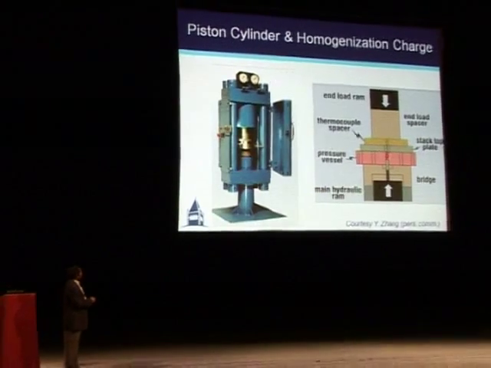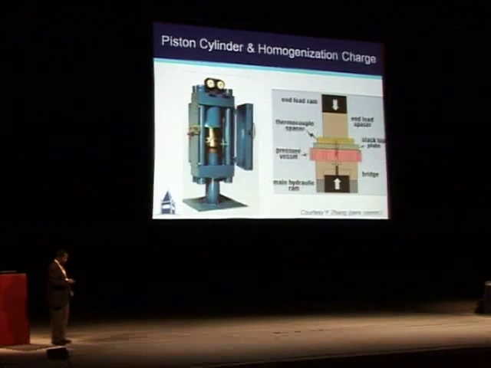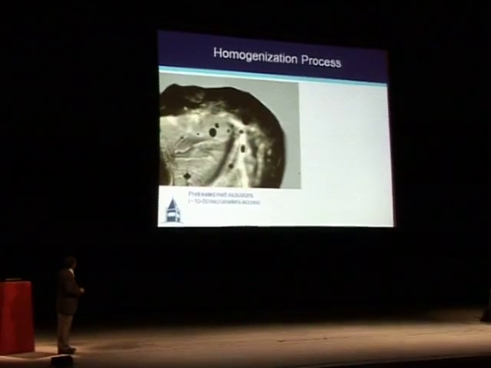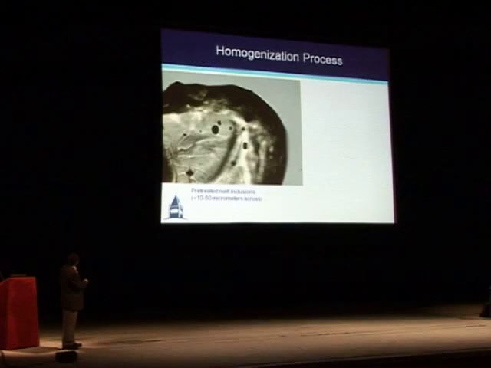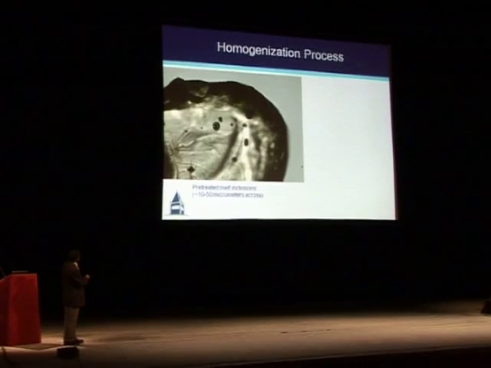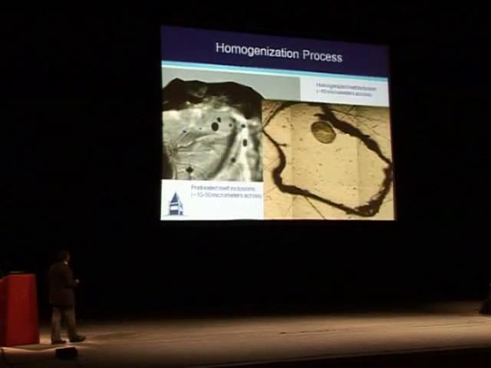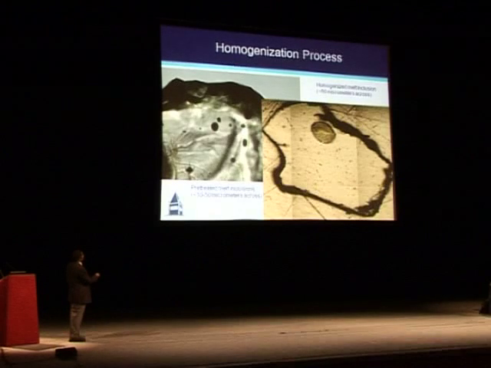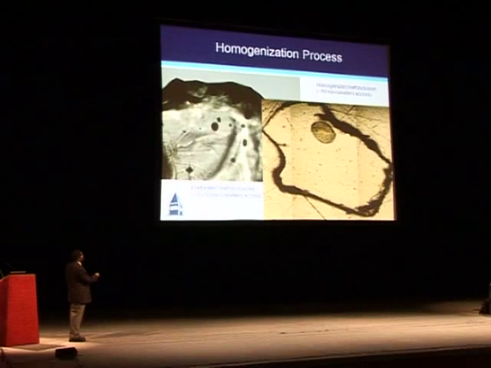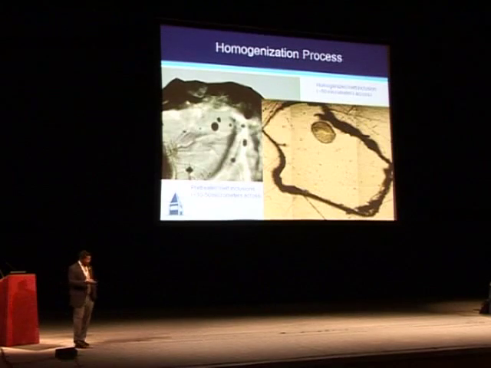So we put a charge in a piston cylinder, homogenize the sample, and in so doing, we go from melt inclusions that look opaque like this because they are full of crystals to, following the experiment, the homogenization, looking at optically clear materials like this, which are homogeneous, and we can therefore go forward and make the measurements for the volatiles.